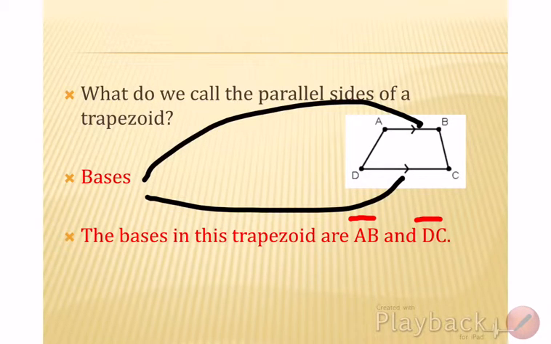What do we call the parallel sides of a trapezoid? Bases. The bases in this trapezoid are AB and DC.